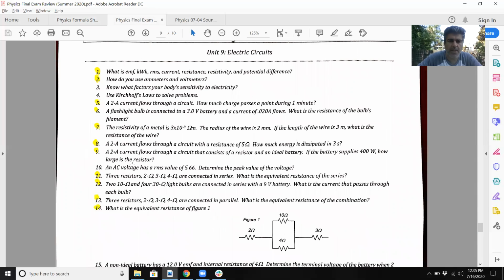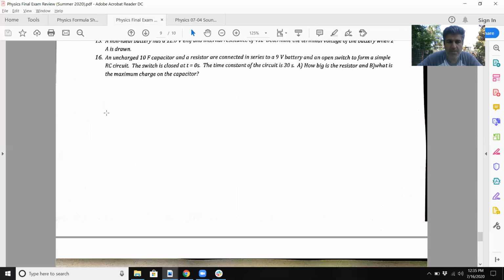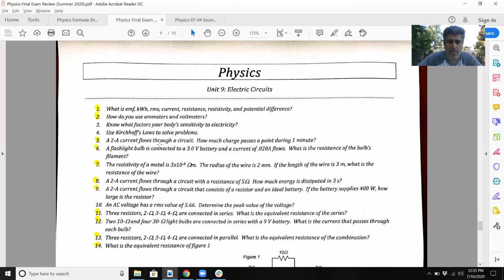For circuits, know what current, resistance, resistivity, and potential difference are. Know all that stuff. An ammeter measures current, a voltmeter measures volts, easy. The rest are all computations, starting with number 5. Remember V equals IR, that's kind of the big one. But I is also going to be your charge, which we call Q, over time. And the time is always going to be in seconds.